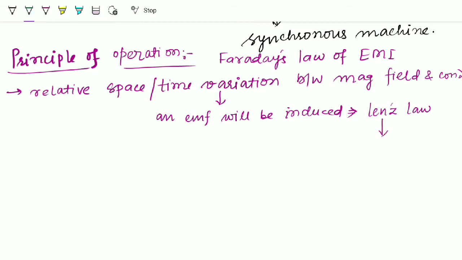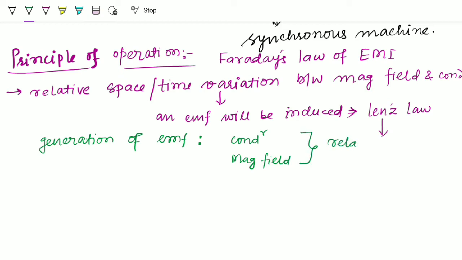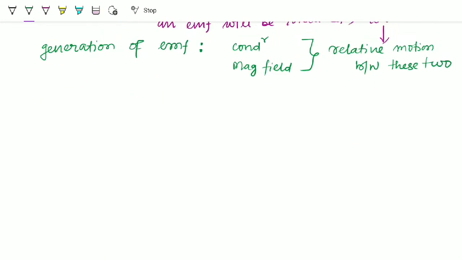So for generation of EMF, we need a conductor and magnetic field, and relative motion between these two. We have two cases here.